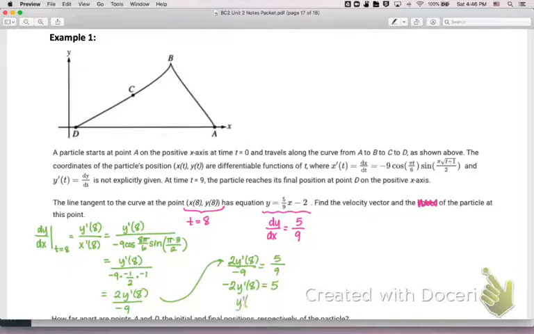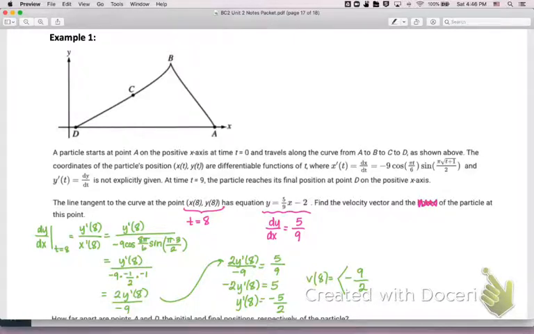And so we get that y prime of 8 is negative 5 halves. So the velocity vector, v of 8, is going to be the velocity in the x direction and the velocity in the y direction. The velocity in the x direction, we had already figured out that that denominator was equal to negative 9 halves. That's the value that we got for x prime of 8.